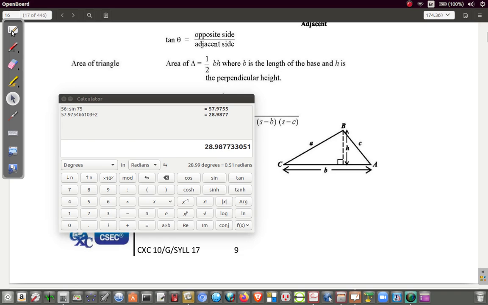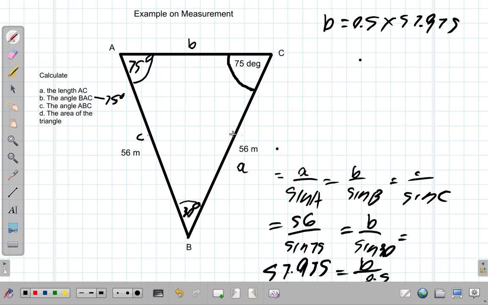Call it 29. So we have b is equal to 29 cm, which is AC. 29 cm. We found ABC as 30.